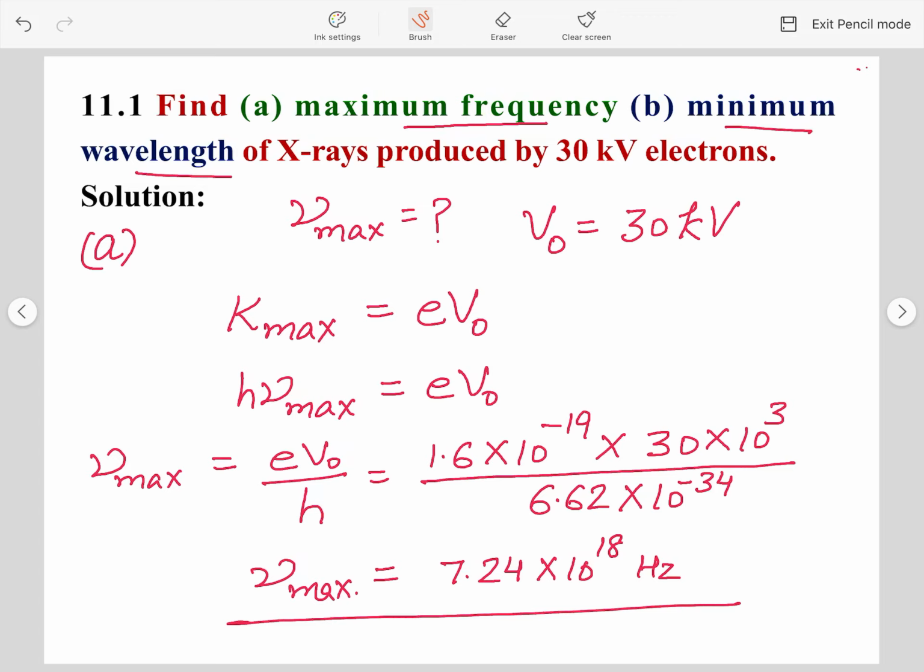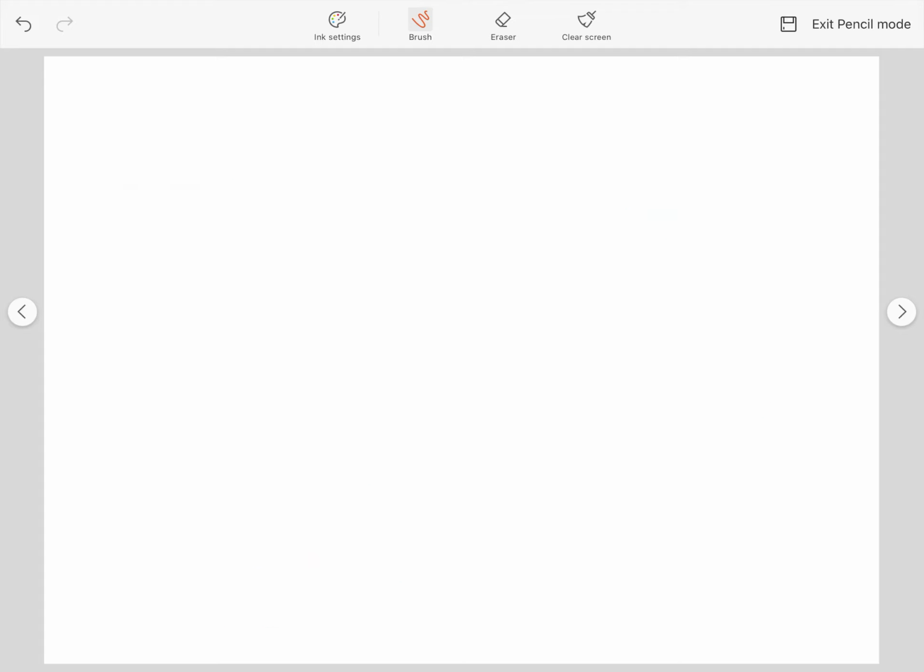Part 1 is solved. In part 2, we have to find minimum wavelength. Part B, what we have to find? Lambda minimum. So what is the formula? Lambda is equal to c upon nu. So lambda will be minimum when frequency will be maximum.